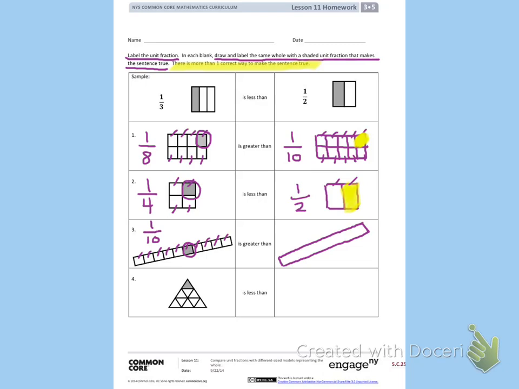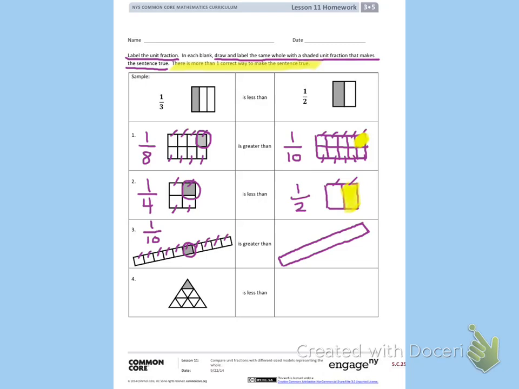I'm going to let you finish item 3 on your own, and then do all of 4 on your own. Remember, step by step, follow the directions. First, label the unit fraction. Don't forget to make a little mark on each portion of the whole, so that way you know you didn't skip a piece or count one twice.